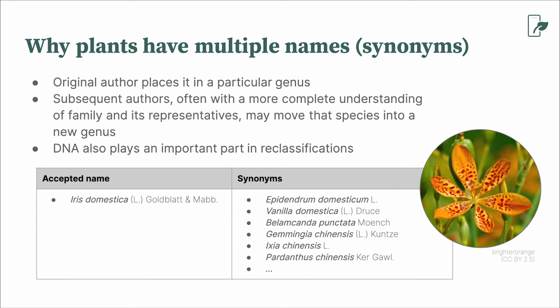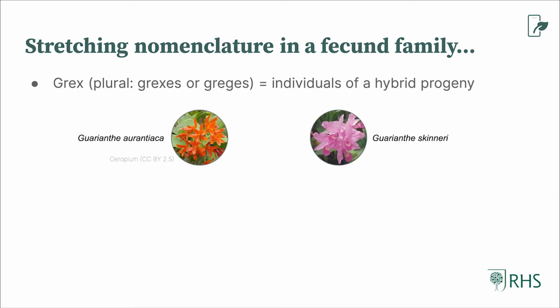So that's why we have synonyms in Candide, in the plant database, and it's a lot more relevant for other institutions and botanic gardens. What we're going to cover finally is the wonderful world of orchids, which is where naming conventions and scientific names get even more wacky.